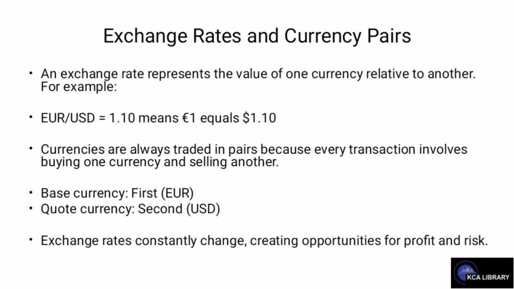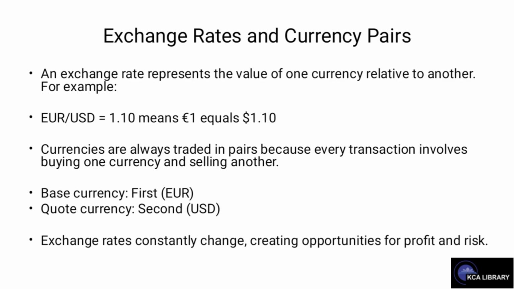Let's look at a very important term in forex trading, which is exchange rates and currency pairs. An exchange rate represents the value of one currency relative to another. An example here, we have euro for the European countries, and we have USD, which is the United States dollar.